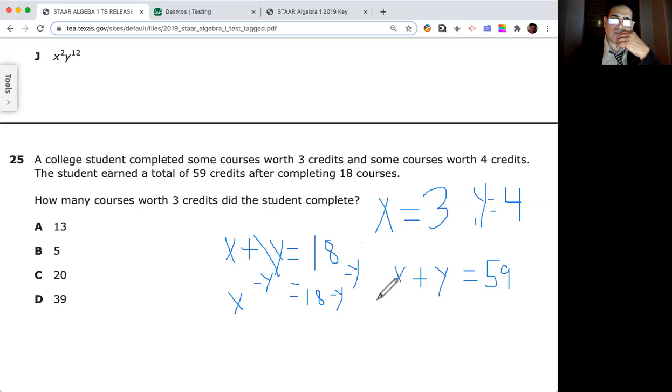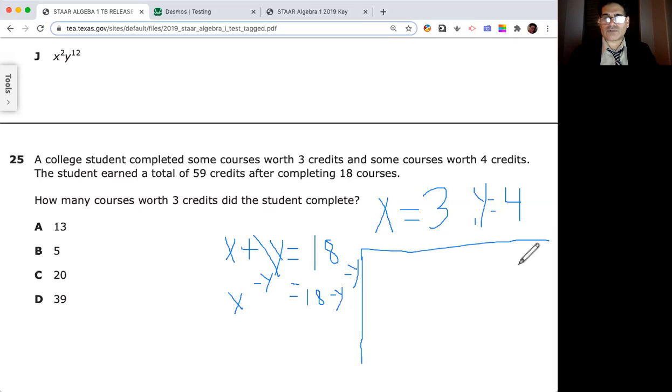This is really sloppy. Value of all courses is 59 credits.